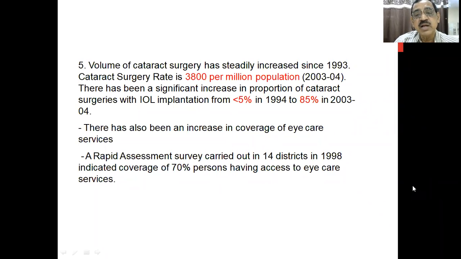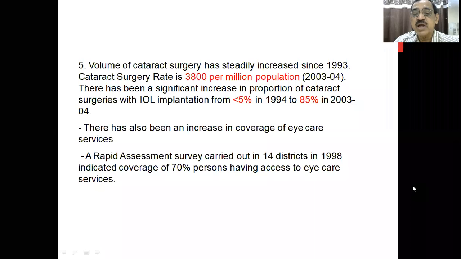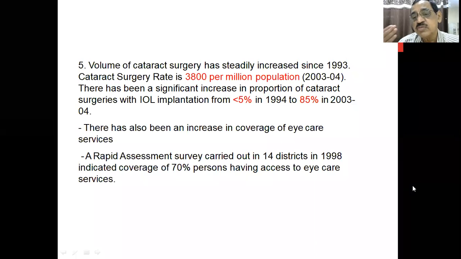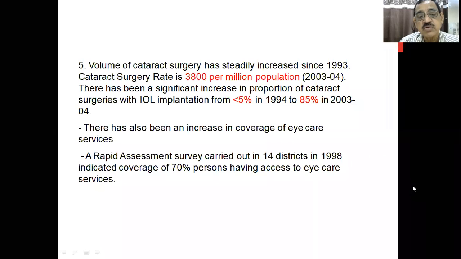The cataract surgery rate was around 3,800 per million population way back in 2003 to 2004. There has been a significant increase in the proportion of cataract surgeries with IOL implantation, from less than 5% in 1994 to 85% in 2003 to 2004.